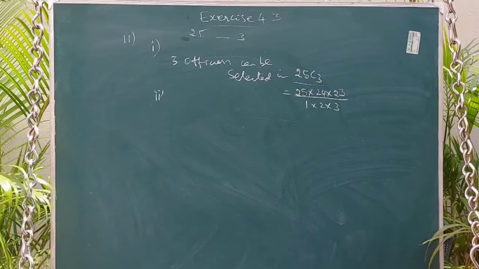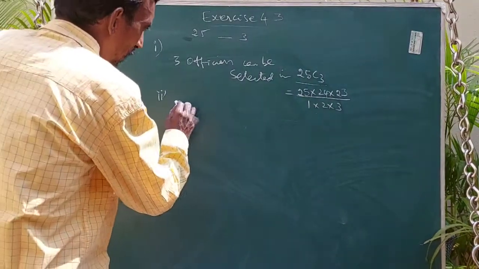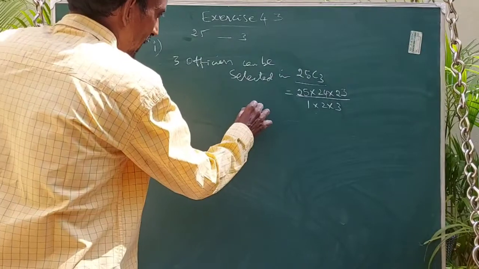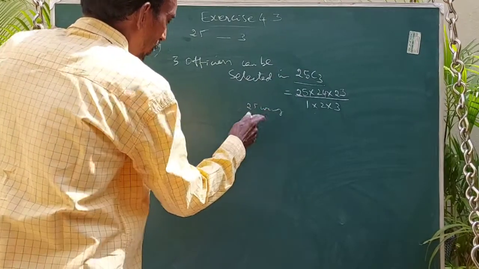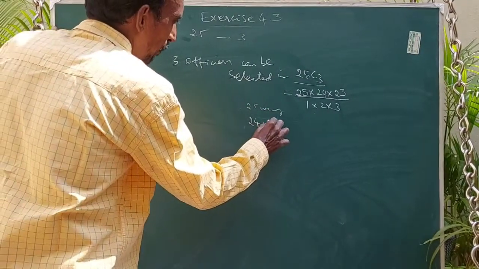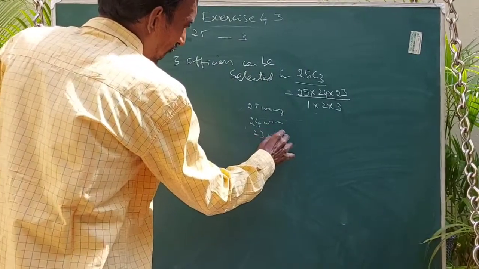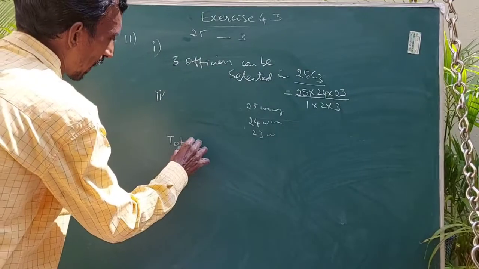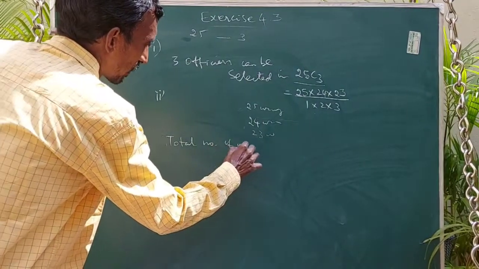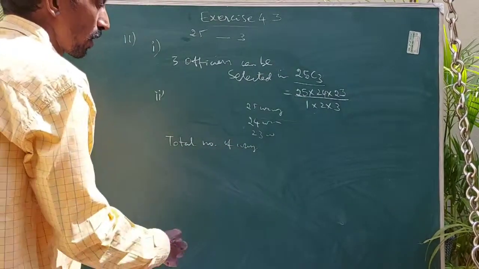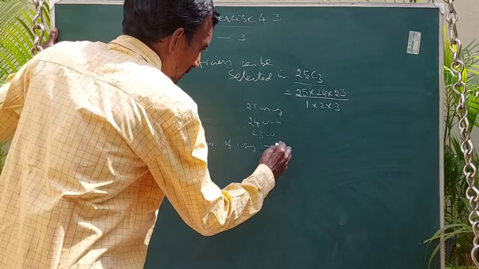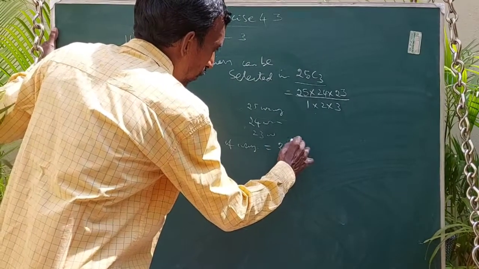So here my dear student, write: the president can be selected in 25 ways, the vice president in 24 ways, and the secretary in 23 ways. Therefore, the total number of ways equals 25 into 24 into 23, or you can write it shortly as 25P3.